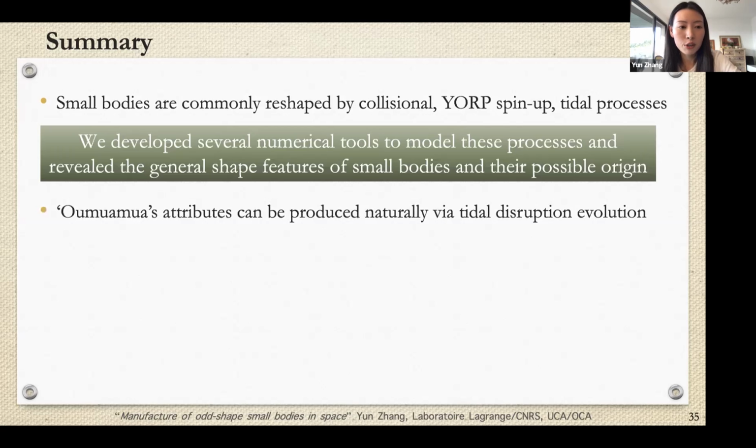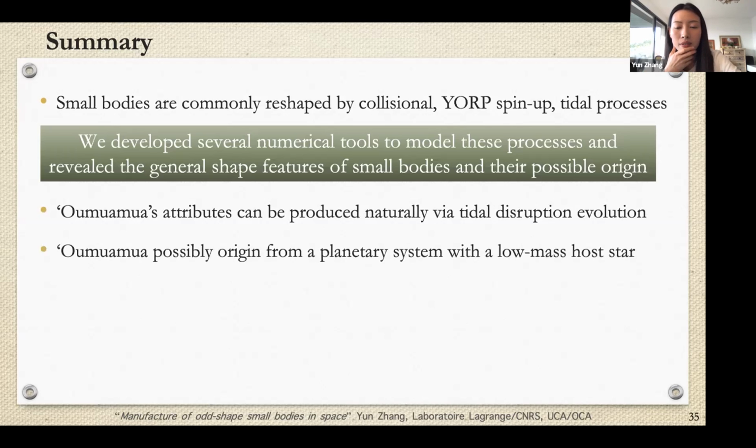With the application to Oumuamua, we found that Oumuamua's attributes can be produced naturally during tidal disruption evolution. And with the analysis of its host and parent body, we found that it's possibly generated from a planetary system with a low mass host star.